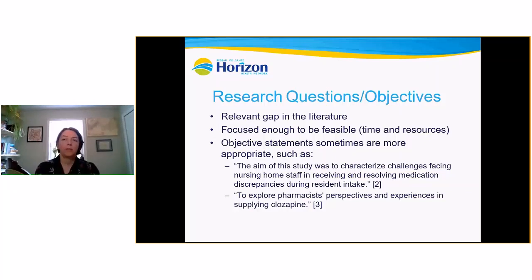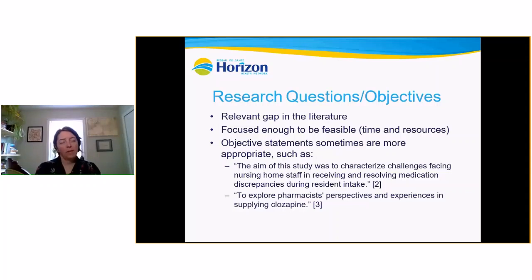Time and resources, do you have what is needed in order to actually complete the research project? That's incredibly critical. And with qualitative research in general, it will take quite a bit of time to do, and therefore you need to think about that.